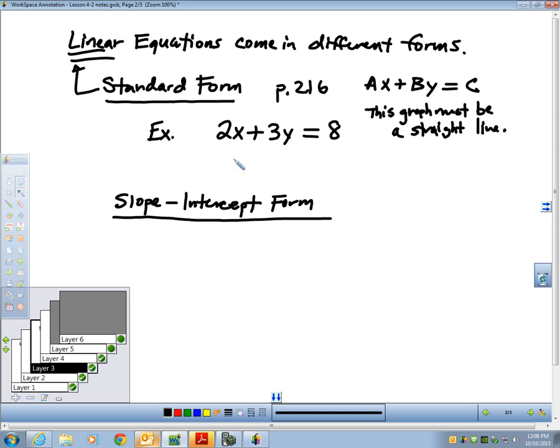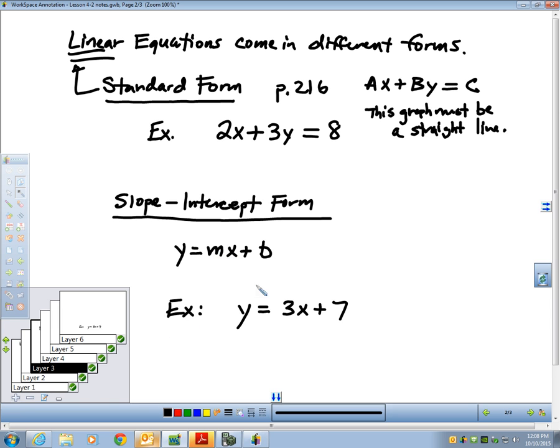There's another form of equation. It's actually not mentioned in this lesson, but I want to mention it. It's slope-intercept form. Slope-intercept form looks like this. y equals some coefficient times x plus a constant.